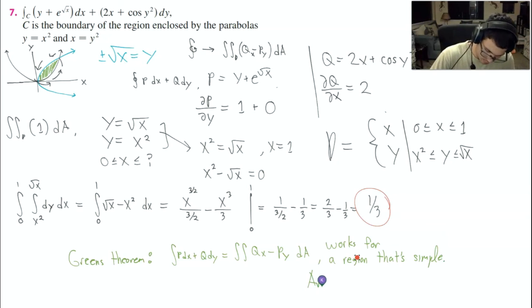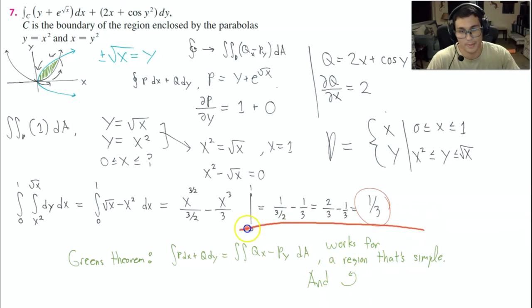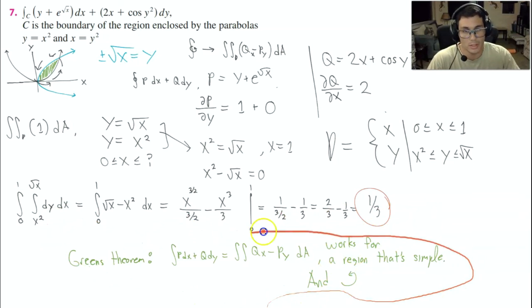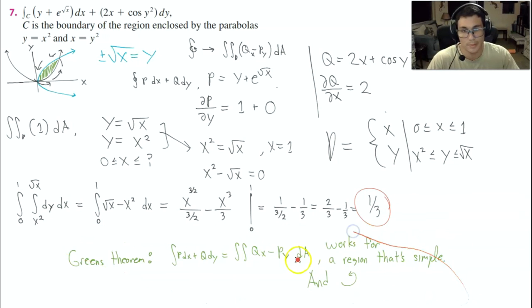And in this direction, so counterclockwise. Now there are a little bit more nuances to this, but this is a calculus class, so they usually give you a problem that you can use it for.